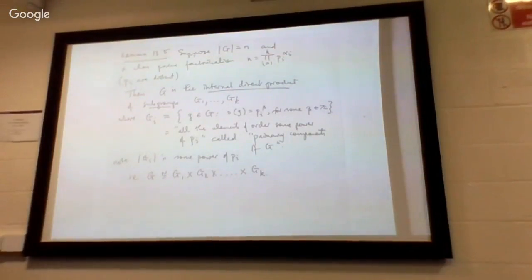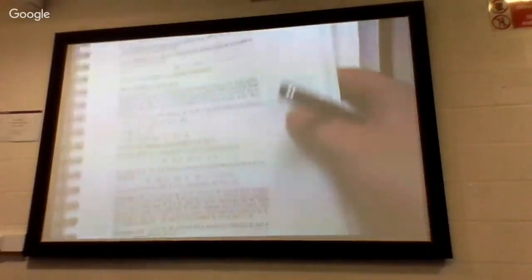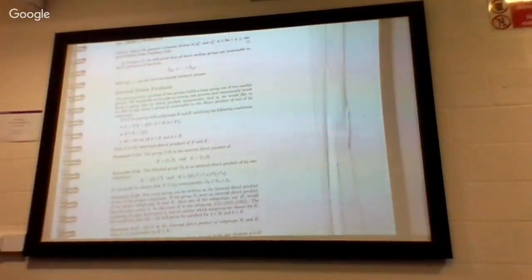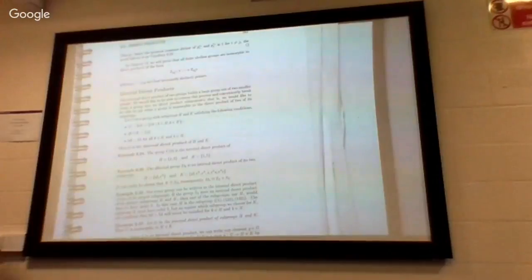Yeah. So just a quick look back. Internal direct products. Do you understand what direct products were? Take the Cartesian product of two groups, an A and a B, all ordered pairs, and the group structure on it is the component-wise multiplication: vectors, group elements, multiply component-wise.